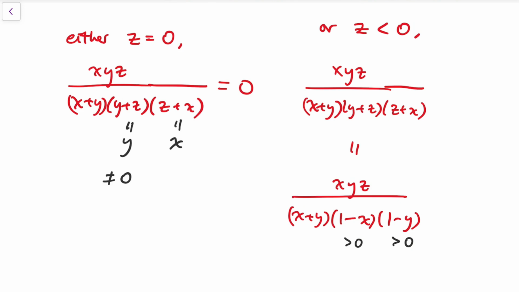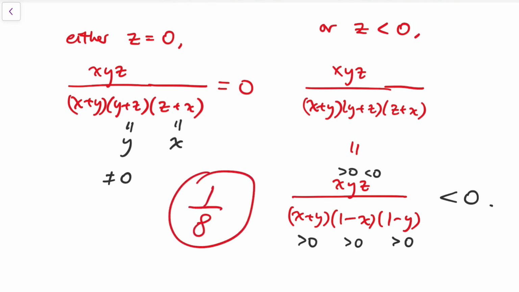X and y are positive, so the sum is also positive. xy is also positive, but z is negative. So altogether, this fraction has to be negative. Now from these two small cases, we know that they cannot compare with the first case, which gives the maximum value to be 1/8. So that means 1/8 is the final answer.